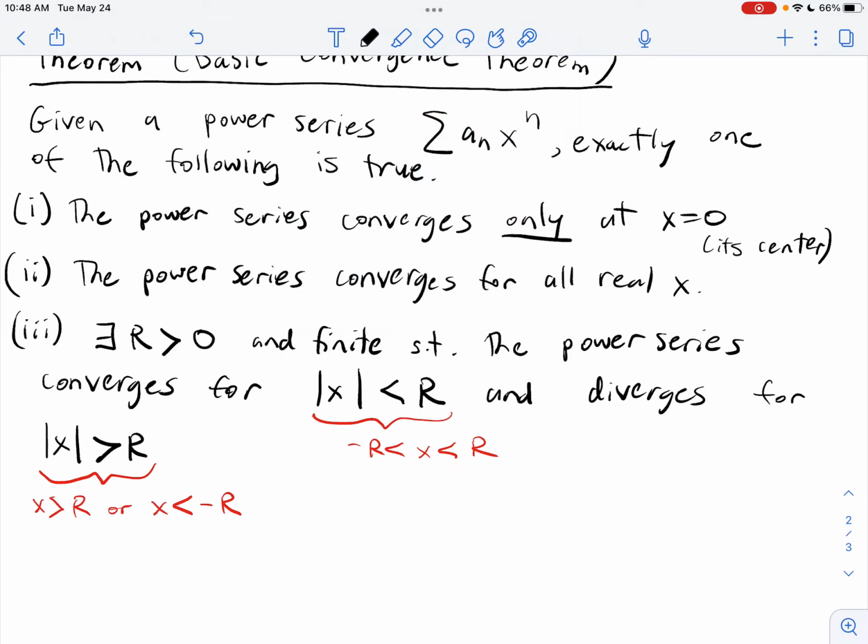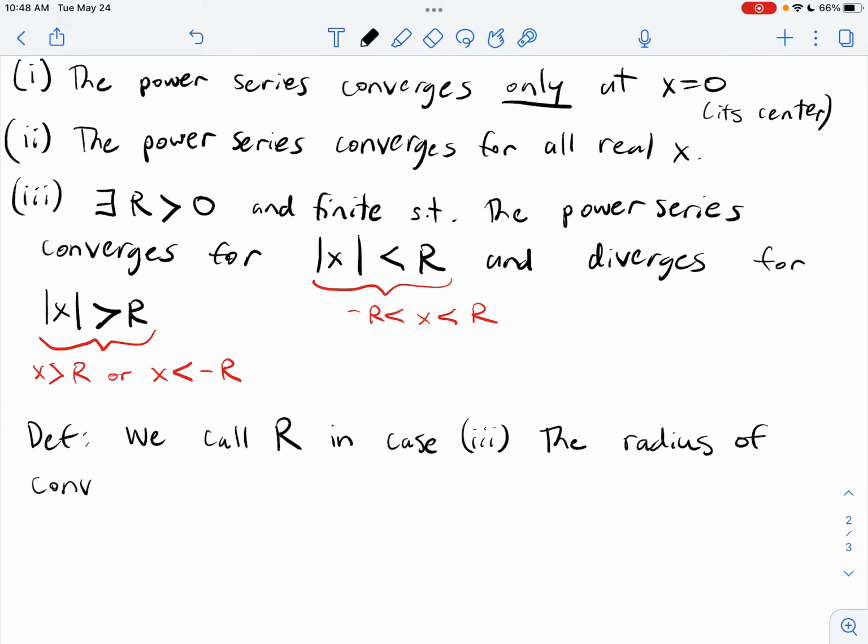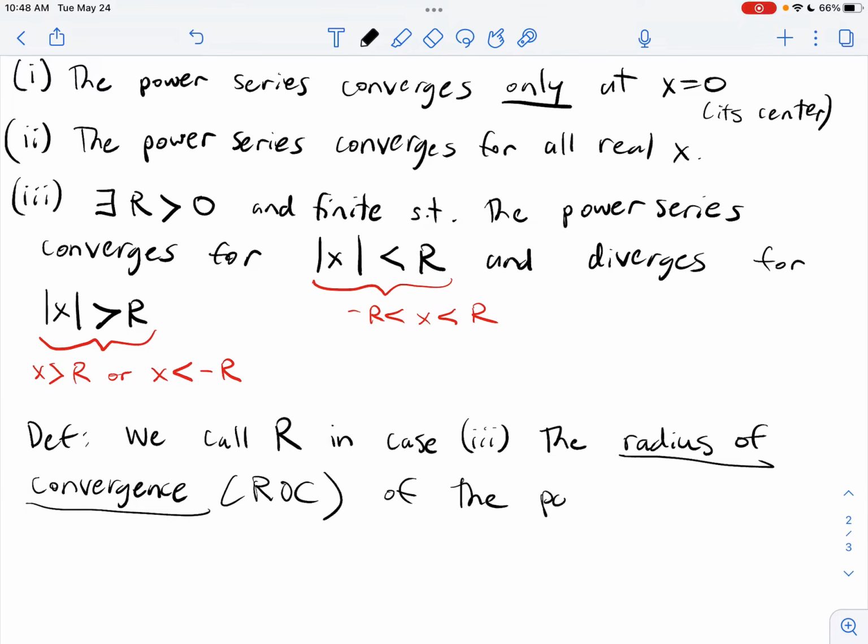So we have a special name for this capital R. Let's give a definition here. We call this number R in case 3 the radius of convergence, which we abbreviate ROC, of the power series.